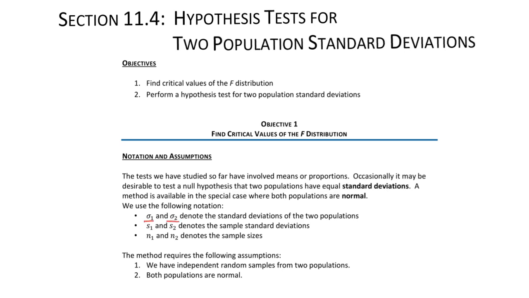Sigma 1 and sigma 2 denote the standard deviations for the two populations, S1 and S2 denote the sample standard deviations, and N1 and N2 the sample sizes. This method requires the following assumptions. We have independent random samples from two populations, and both populations are normal.